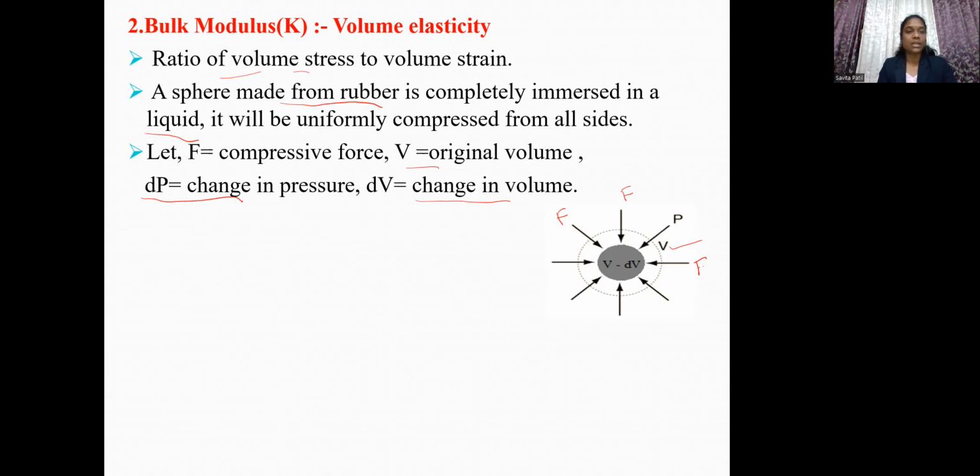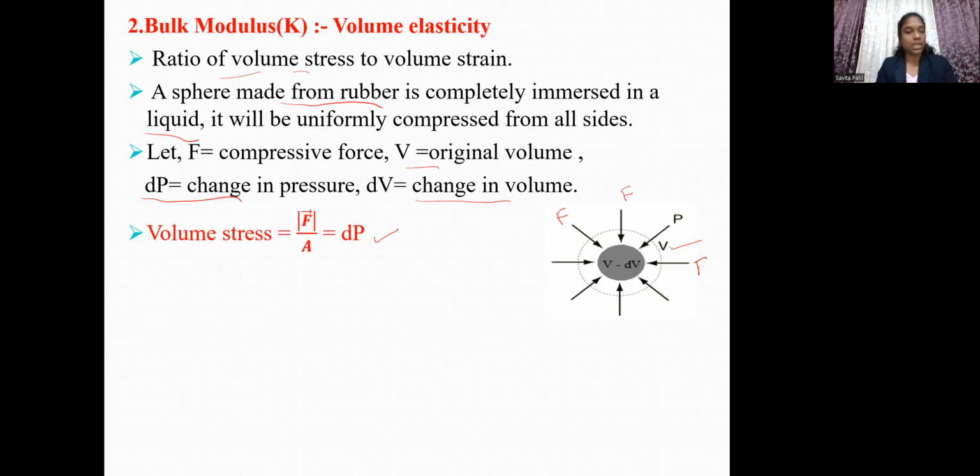Now let us write here the equation for volume stress. As we know that volume stress is equal to applied force upon area, and that is equal to dP. We have derived this equation earlier in types of stress and stress. Now let us write the equation for volume strain.